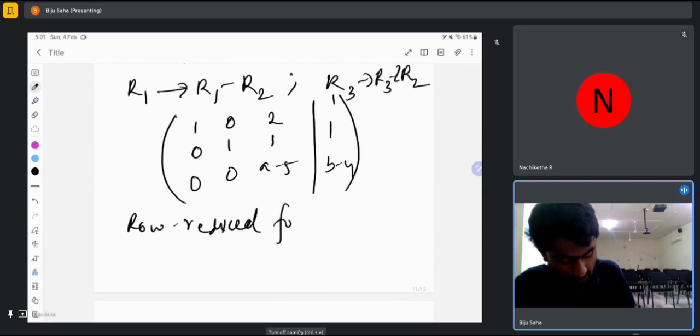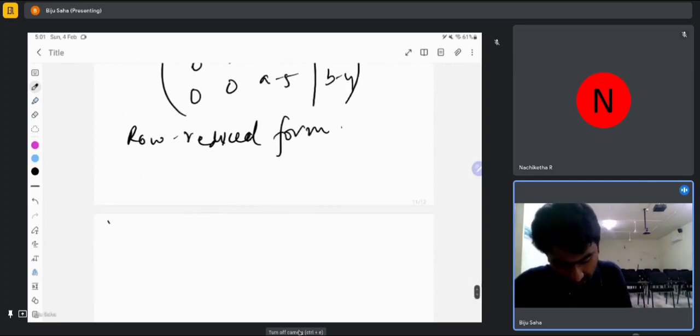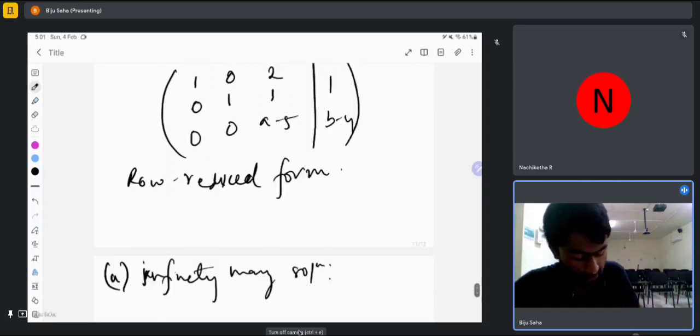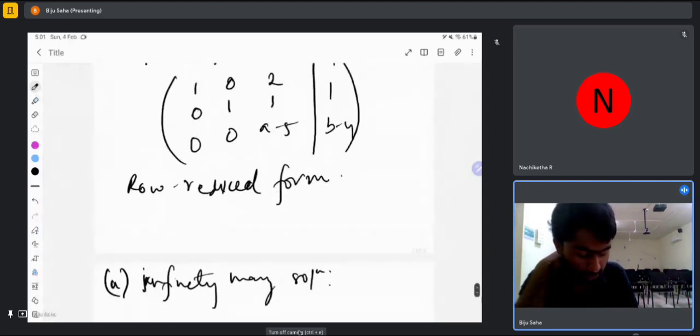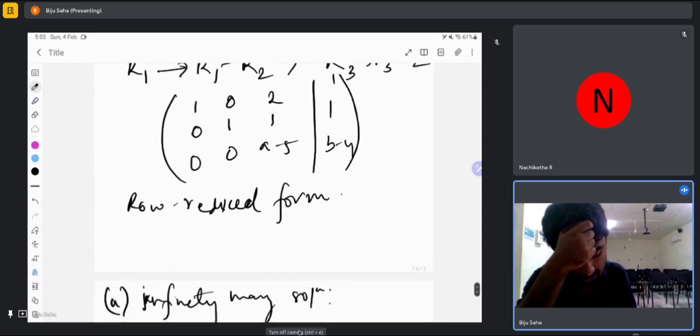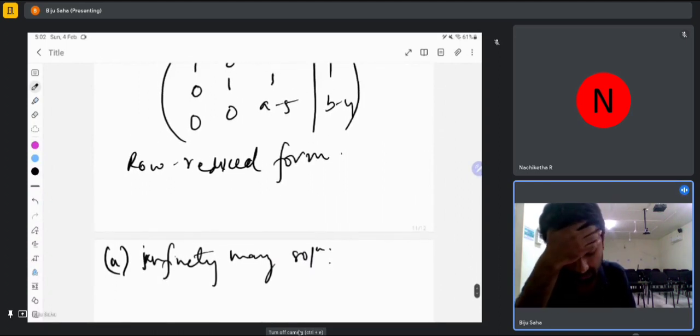Now it is being asked for which scenario will this system of equations have infinitely many solutions. So for infinitely many solutions, it is important that the rank of the augmented matrix is equal to the rank of the matrix. That's fine, but that has to be less than the number of variables. Since this is a 3 cross 3 matrix, the rank has to be less than 3.